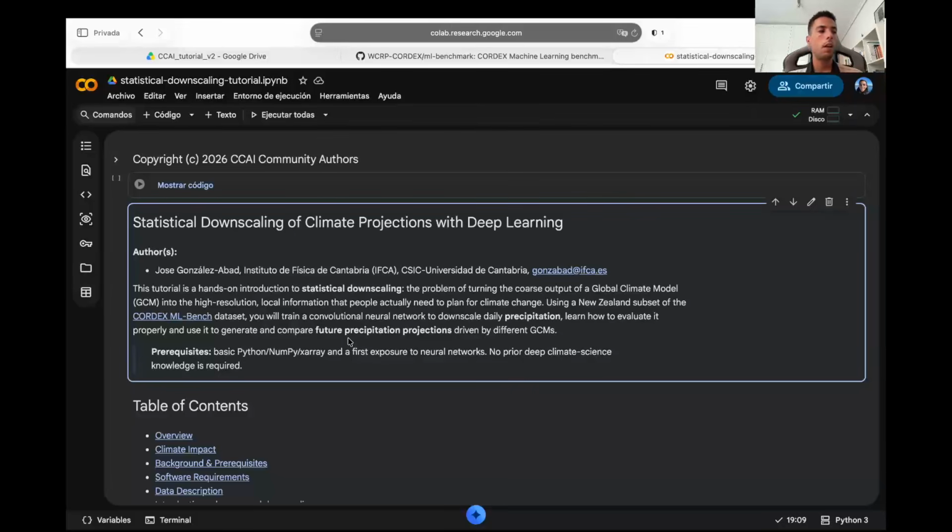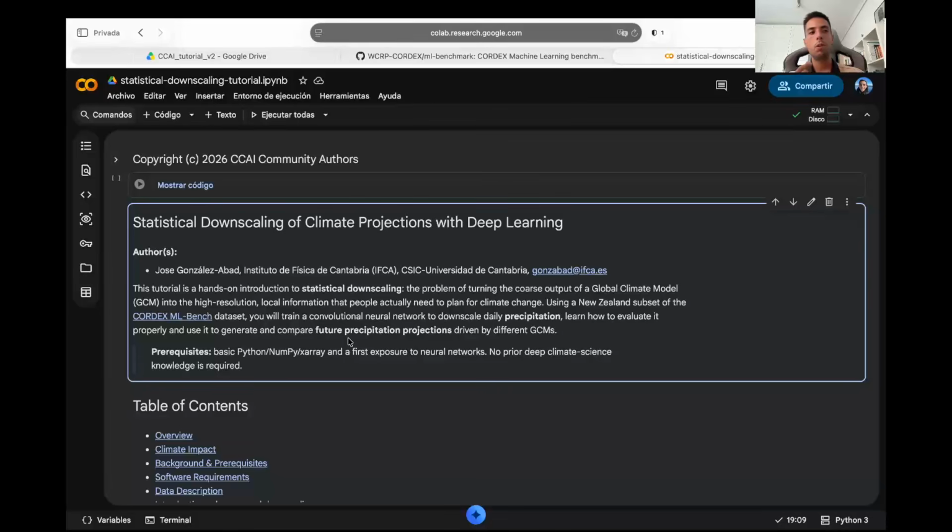I work in deep learning for climate sciences, although my main line of research is deep learning for statistical downscaling. That's why today with this tutorial, my aim is to give you an introduction on how we are using deep learning models for statistical downscaling.